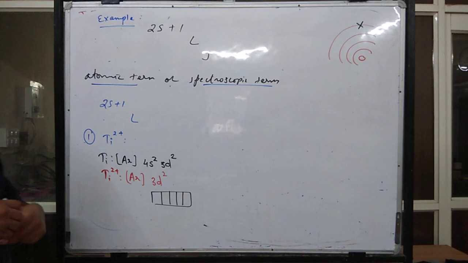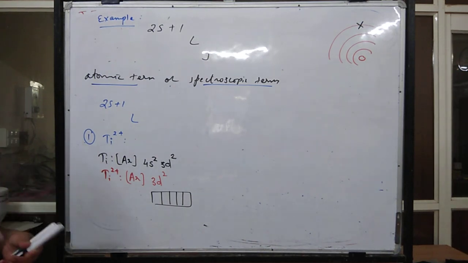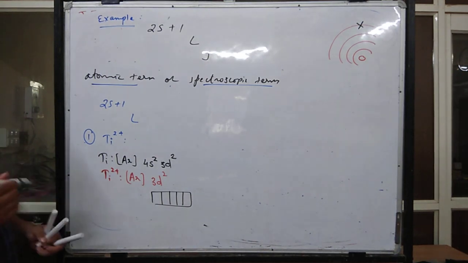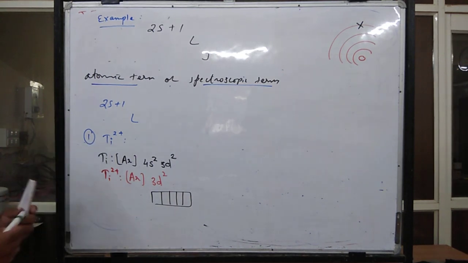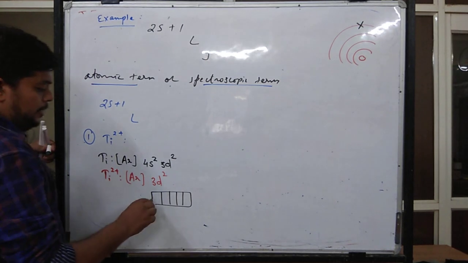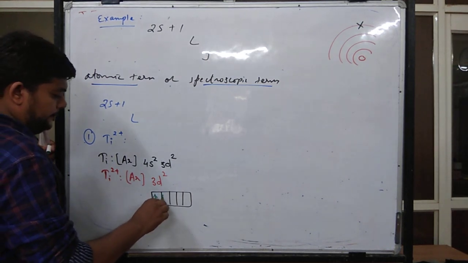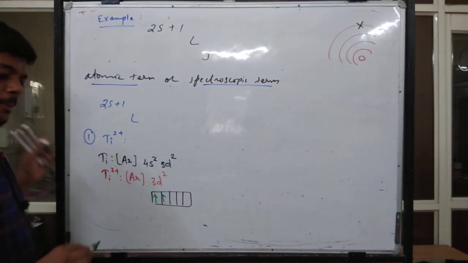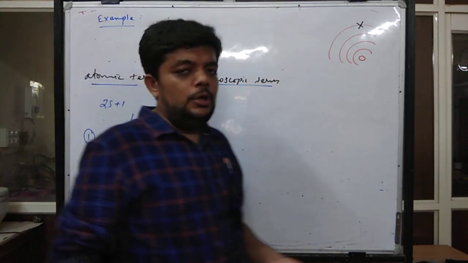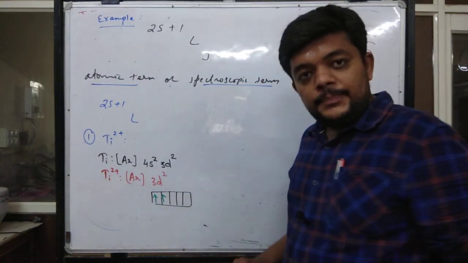So now I will mention the detailed configuration. These 5 squares indicate the orbitals, and this whole set is the d subshell, and as there are 2 electrons, depending upon Hund's and Pauli's rule, we would mention it like this.